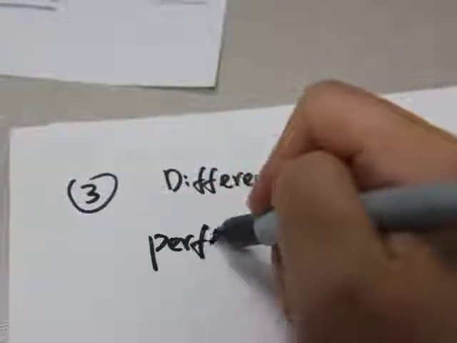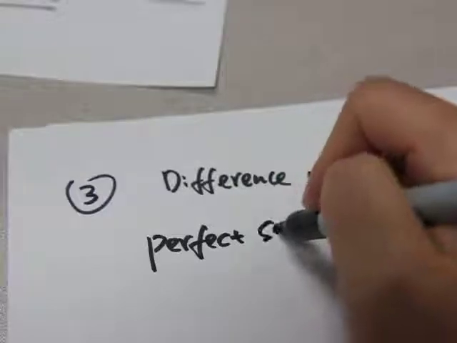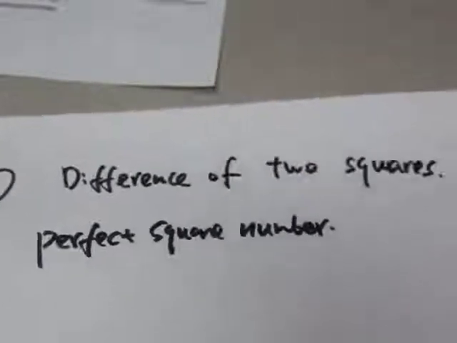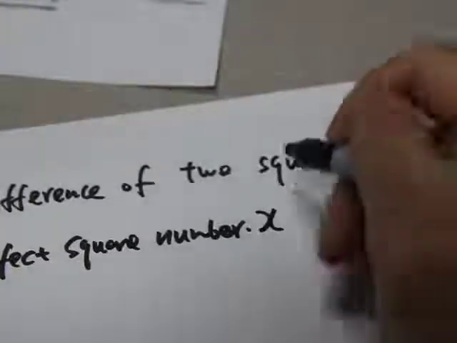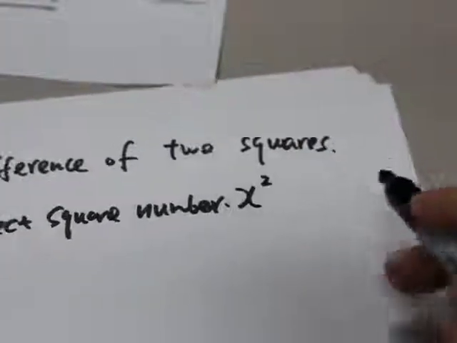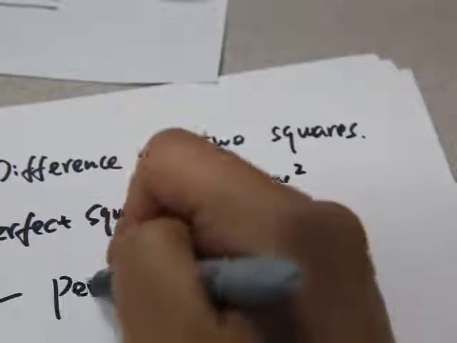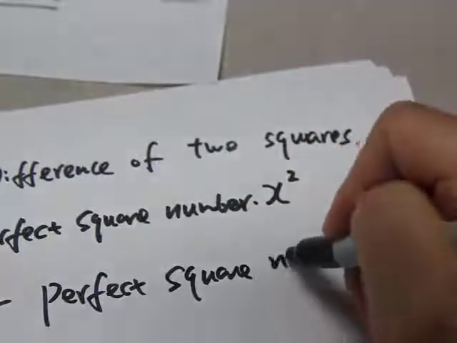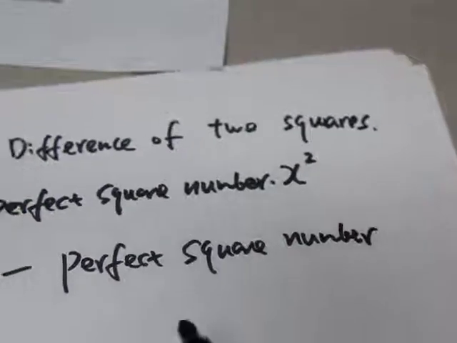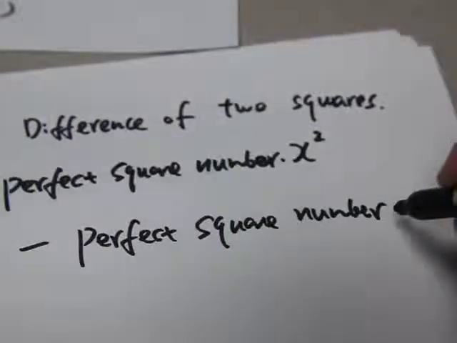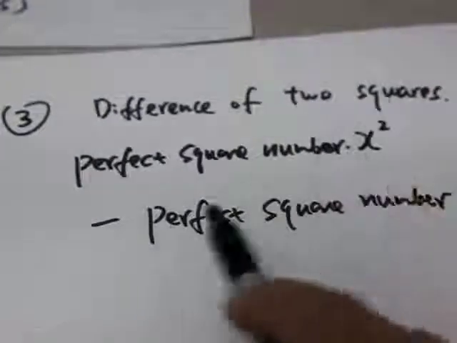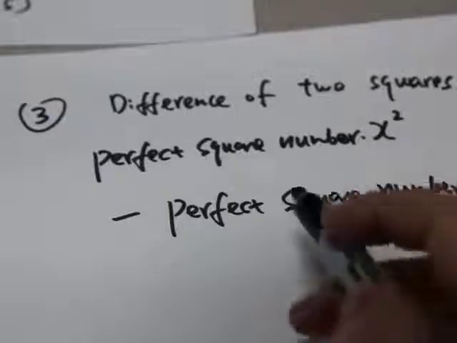If we have a perfect square number times a square of a variable, minus another perfect square number times the square of another variable, then we can use this technique to factor this binomial.